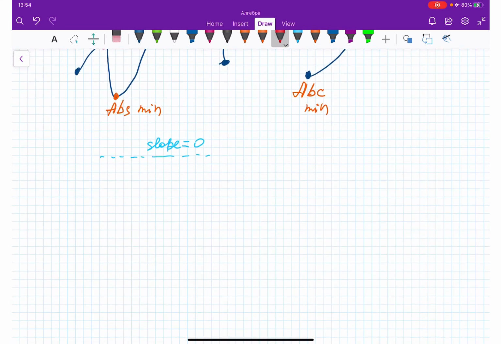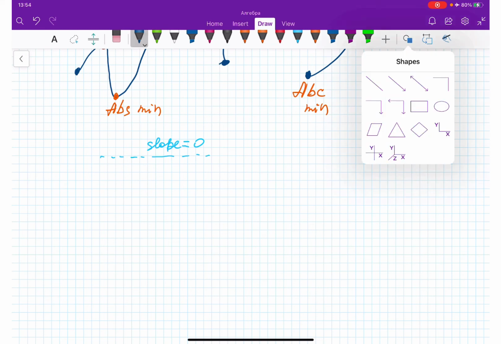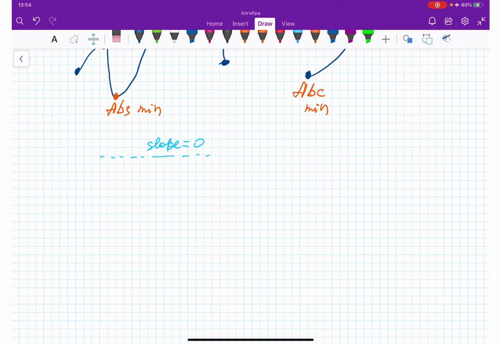Let's do that, let's show some relative maximum or minimum. Let's assume I have such a graph.